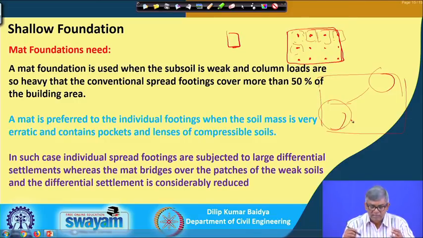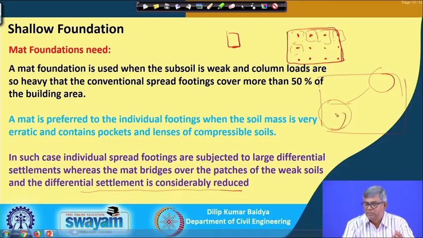So, that is another reason to go for this type of common foundation, the mat. The mat bridges over the patches of weak soil, and the differential settlement is considerably reduced. Okay.